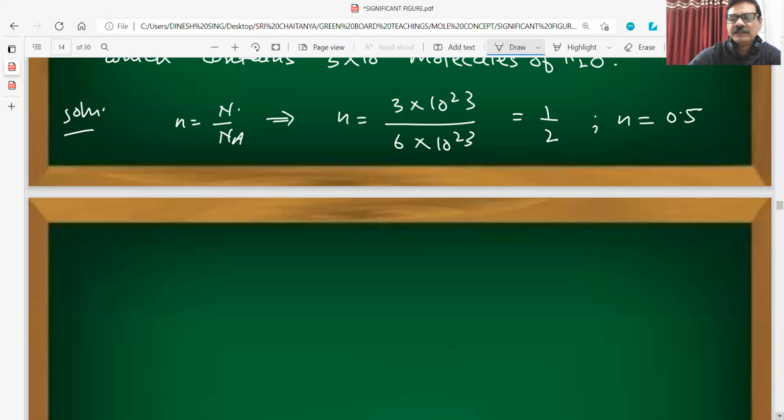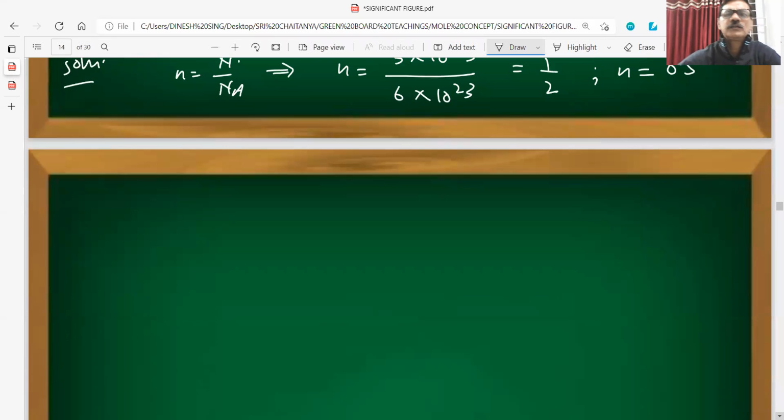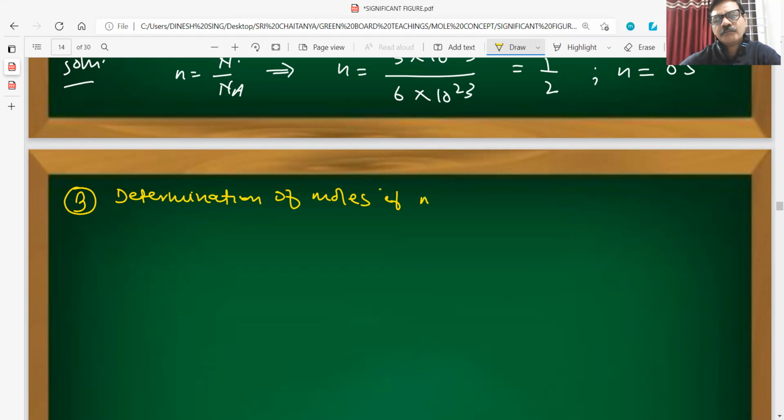Now we can see the second thing, that is the determination of moles if the mass of a pure elemental substance is given.